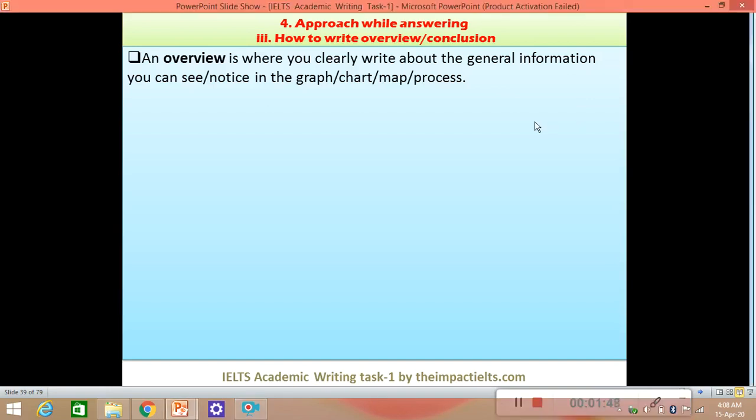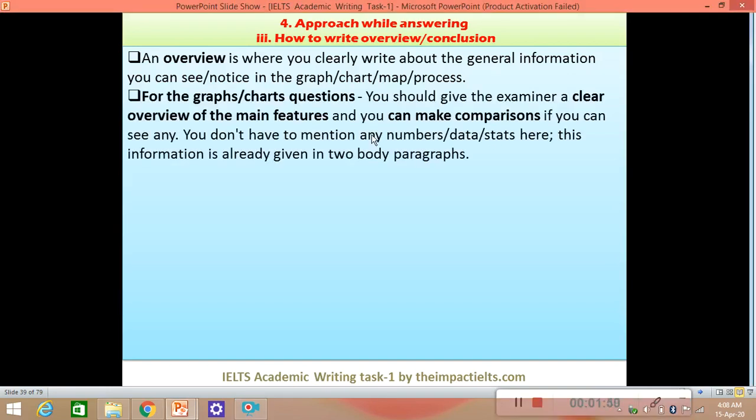That's the first thing. The second thing is for the graph and chart questions where there is a clear comparison or trend, you should give the examiner a clear overview of the main features and make a comparison if you can see any. If that's possible, you cannot make any individual comparison, right? You don't have to mention any numbers or data here.